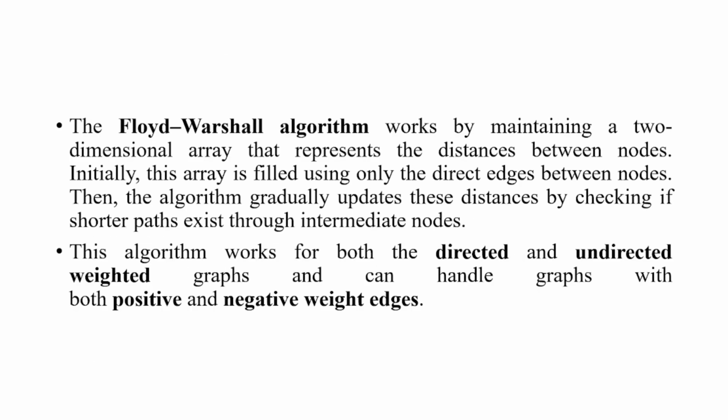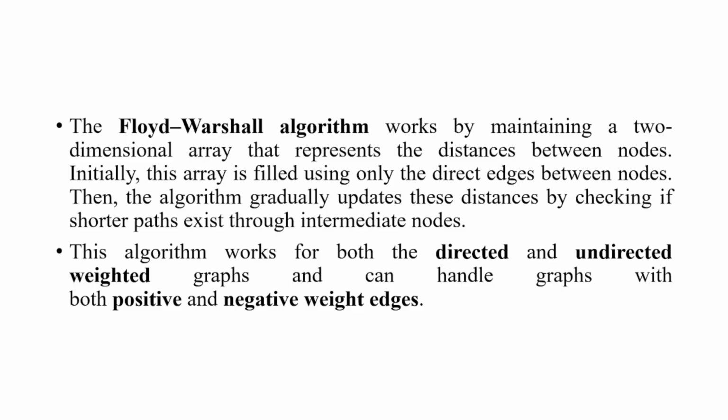The Warshall and Floyd algorithm works by maintaining a two-dimensional array that represents the distance between the nodes. Initially, this array is filled only using the direct edges between the nodes. Then it keeps updating the distances by checking if any shorter paths exist through intermediate nodes.